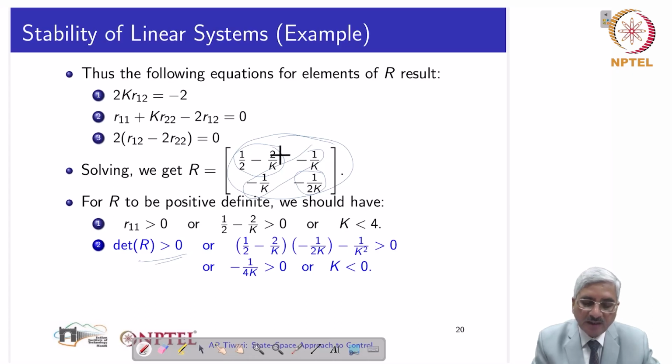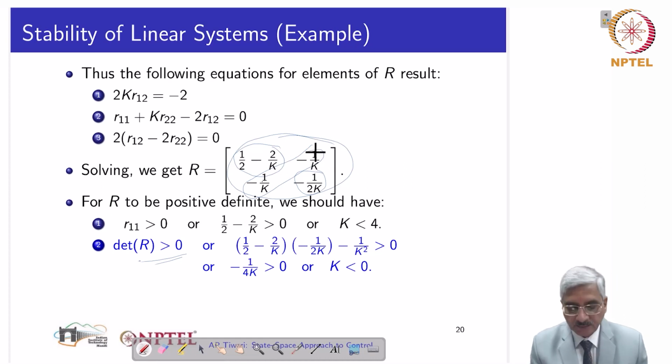So 1 by 2 minus 2 by k multiplying with minus 1 by 2k, minus 1 by k square, which is the product of these two. The product of these is 1 by k square, and minus because we are evaluating the determinant. So this should be greater than 0 for R to be positive definite, and on simplifying we get this, which gives this further.